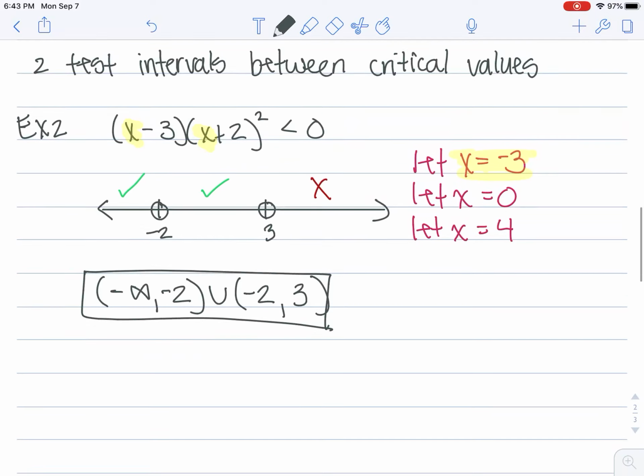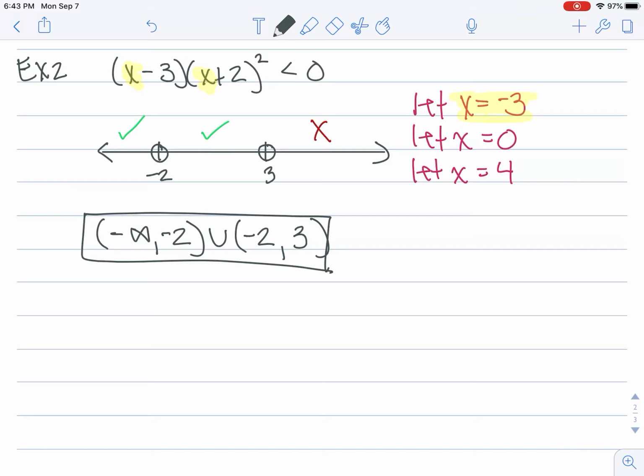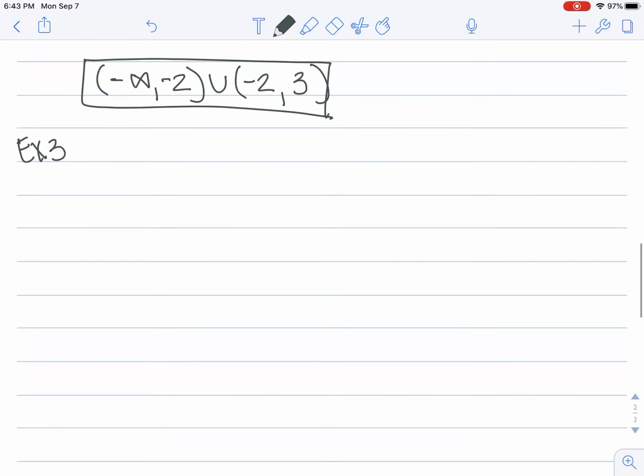Alrighty, so let's go into example 3 then. Let's solve (x minus 3) squared greater than or equal to 16. Alright, just like our previous notes, how do we get rid of squared? We're going to take the square root on both sides.